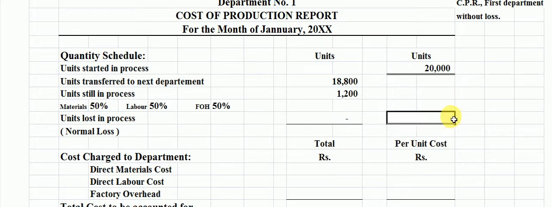Now we add both values, 1,200 plus 18,800, is 20,000 units, which equalizes with this amount. Dear students, remember that this amount and this amount should always be equal.